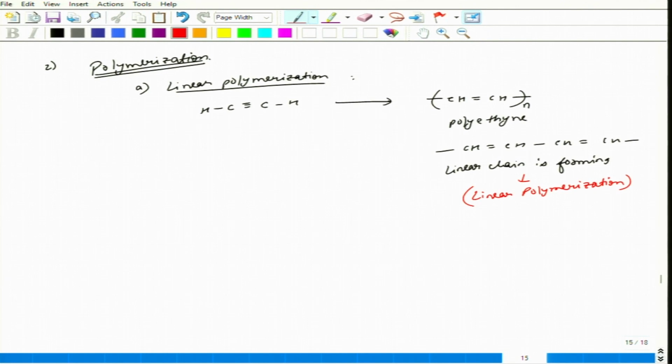What happens to this polyethyne polymer under specific conditions? What is the role of this? These do conduct electricity.